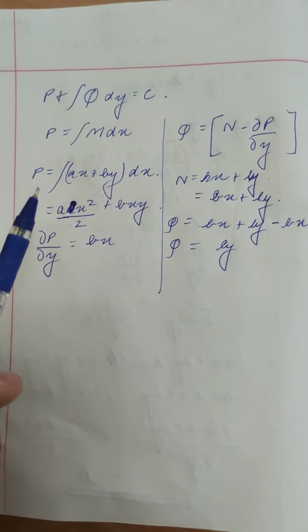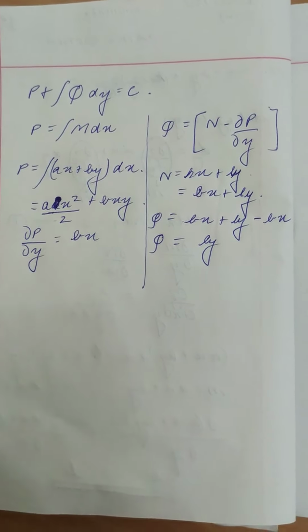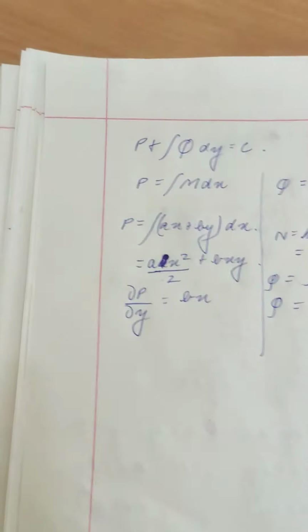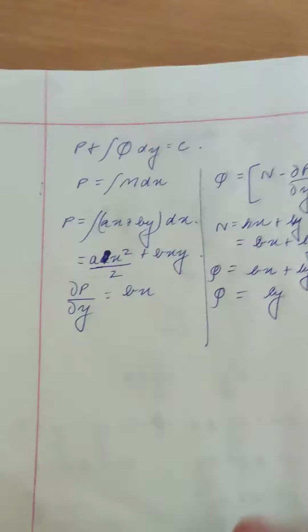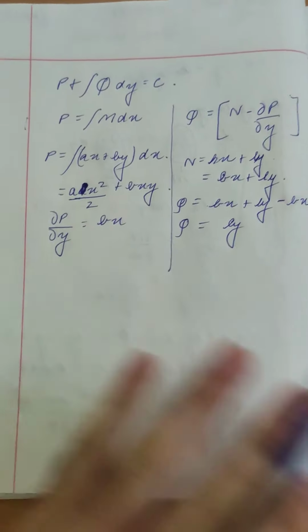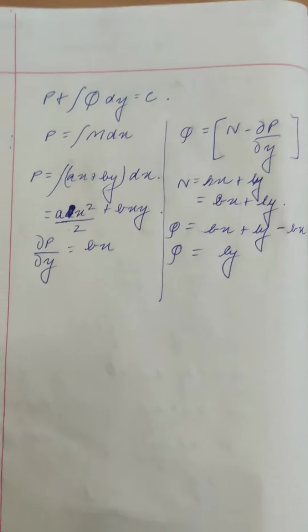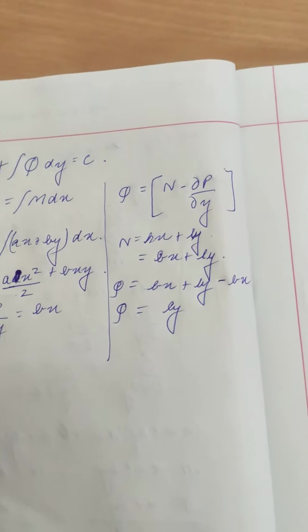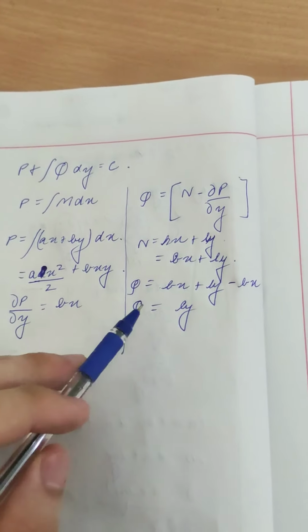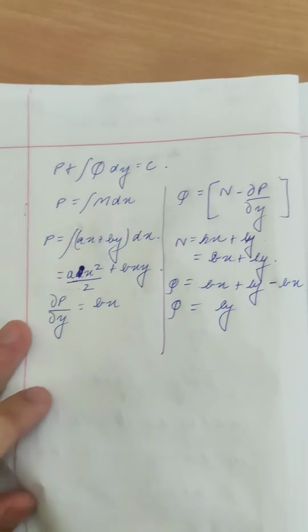And here we have P equals ax square by 2 plus bxy, right? So let me just focus this a little bit more. Now all we have to do is put the values of P and Q that we have found in the initial equation.